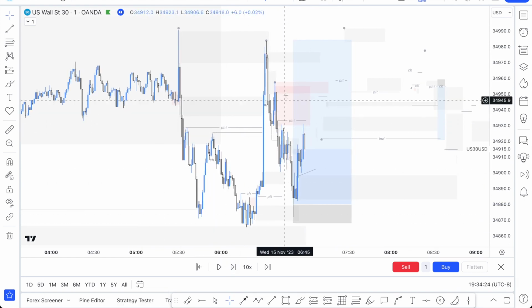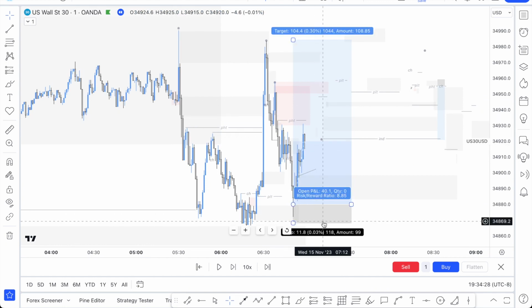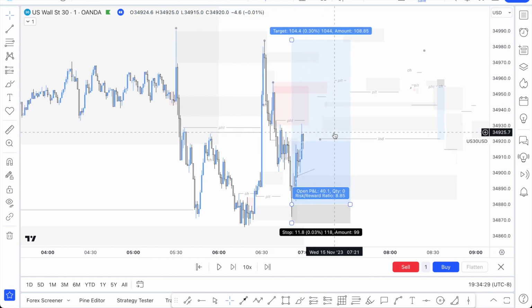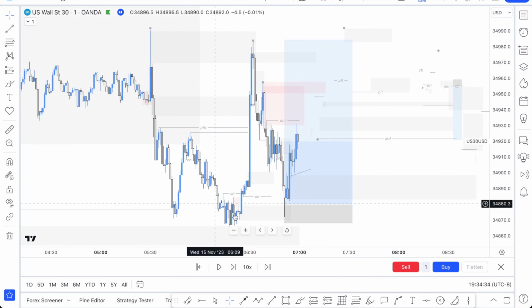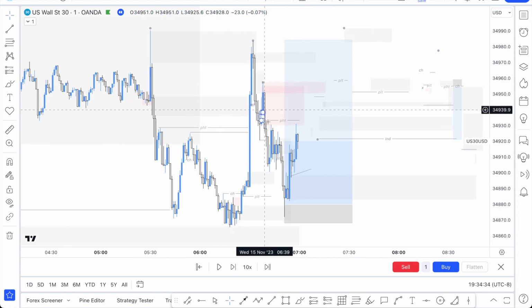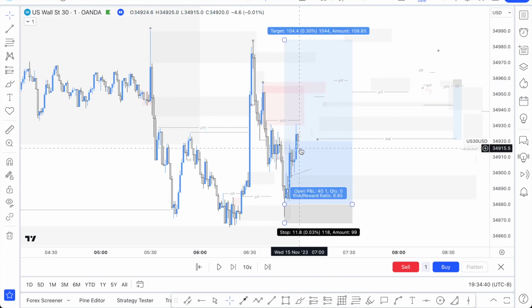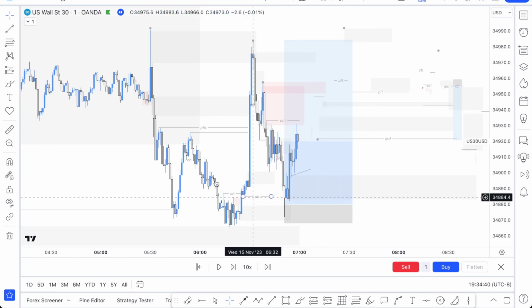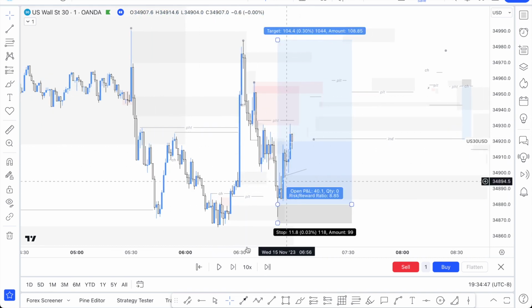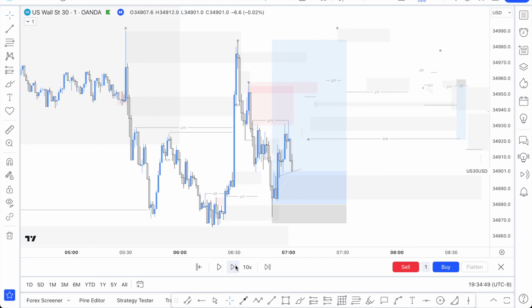Now I was marking everything out, just making sure that price wouldn't go below here, right? I'm managing it now. A lot of traders, when they enter, they just watch the market and just hope for price to go up, right? I'm managing the market. This is why I'm marking out extra supply zones or PHT areas, lines or whatever, right? Making sure that I'm reading price correctly so I don't misread the market.